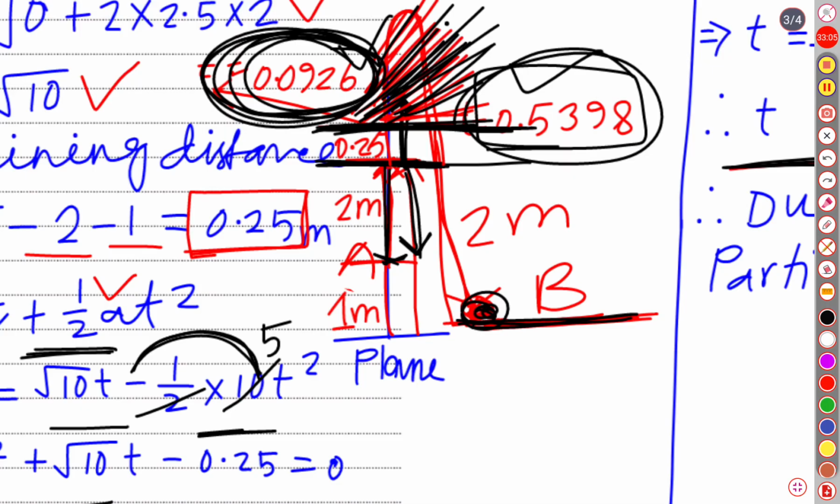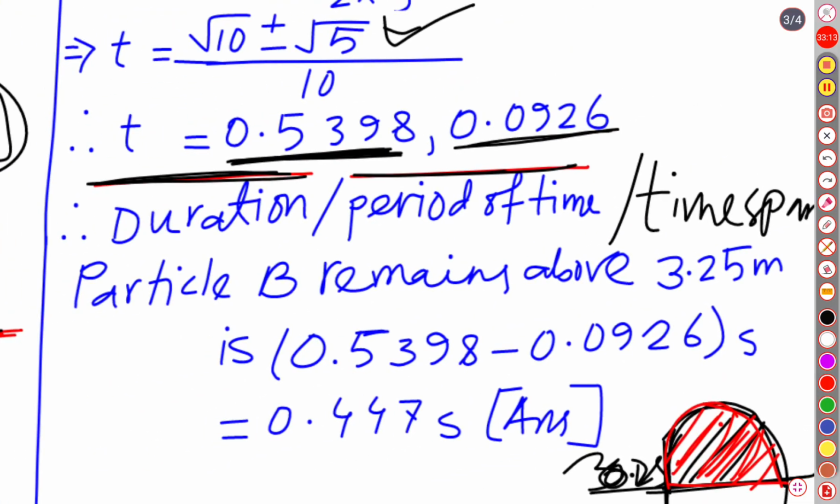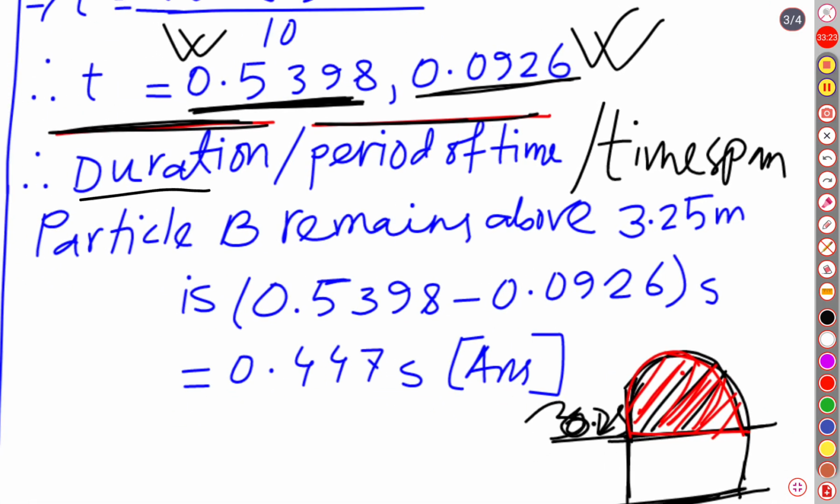From the second time instant, we will subtract the first time instant. As I have told, it is better written as duration or period of time or time span the particle B remains above 3.25 meters.